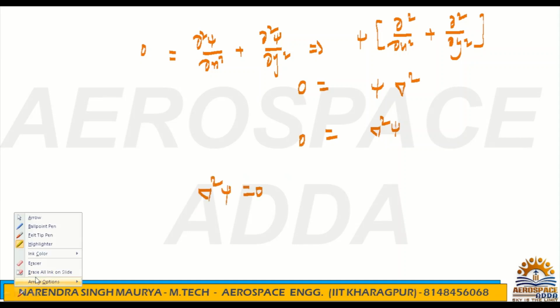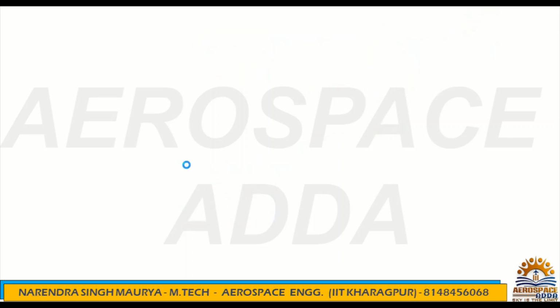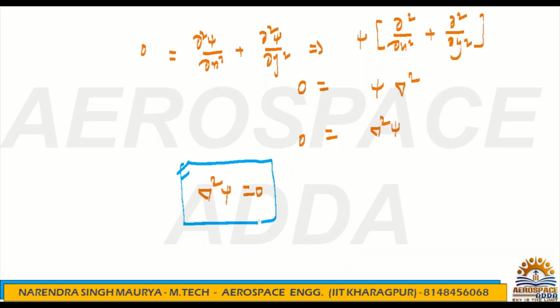Always remember, this is very special. You get this when the flow is irrotational: then grad square psi is equal to 0. What is the conclusion of this?